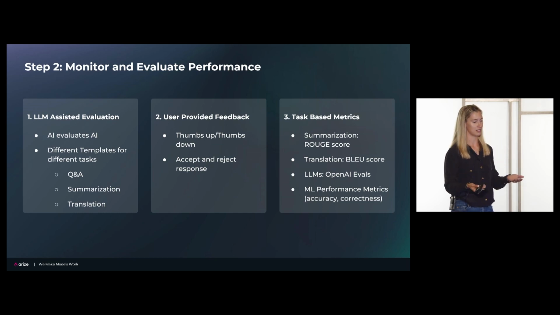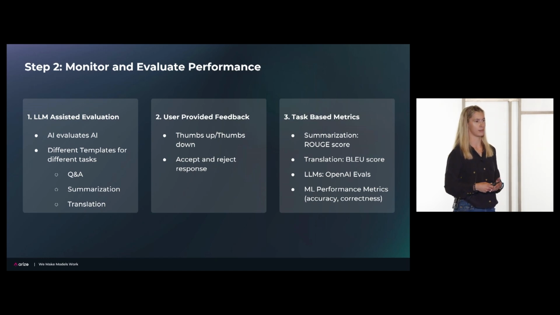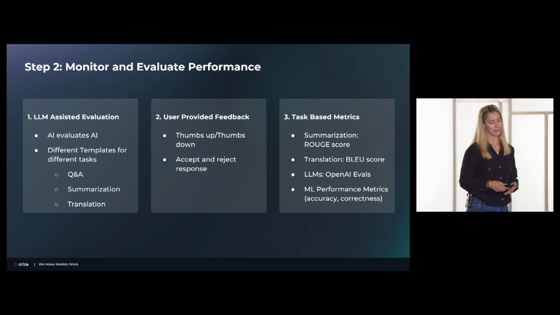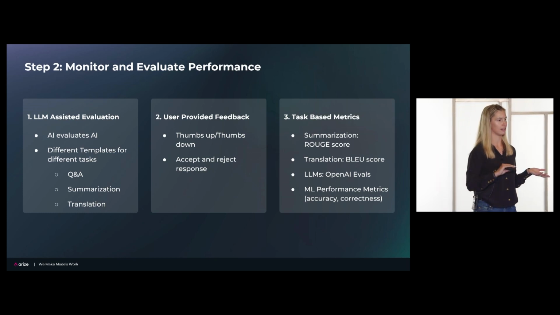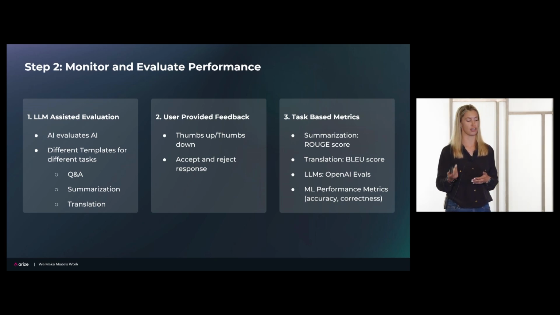User-provided feedback, for example, like when you're given options on Etsy and you're able to provide 5-star ratings for the service you're getting, is very helpful for them because they get direct feedback on how their model is doing. Task-based metrics like translation, LLM's OpenAI evals, or traditional metrics are also a great way of doing evaluations.